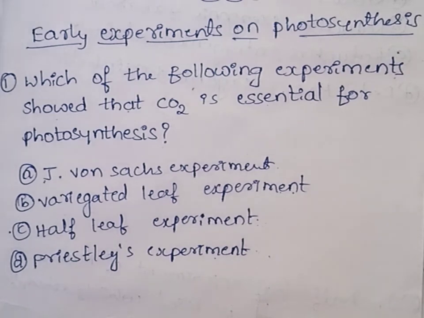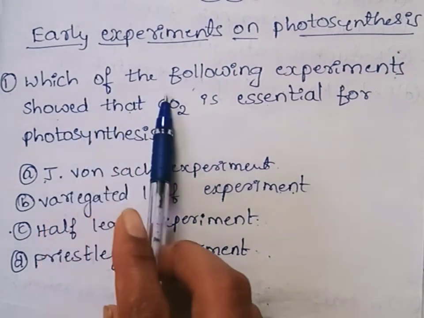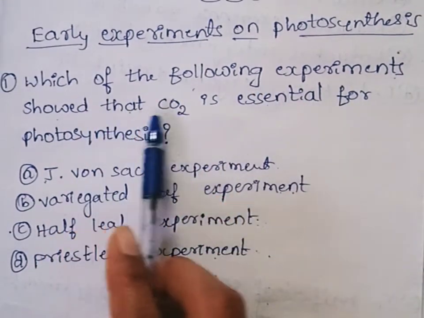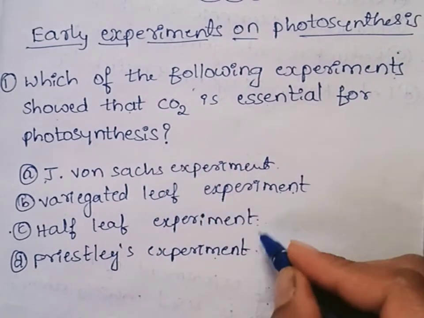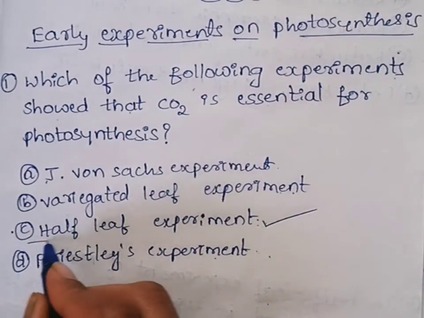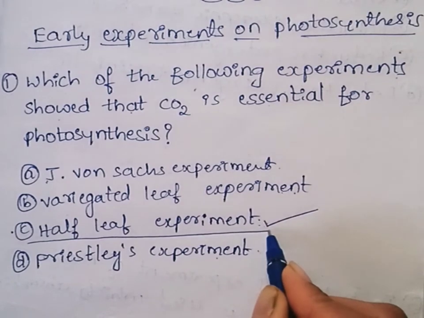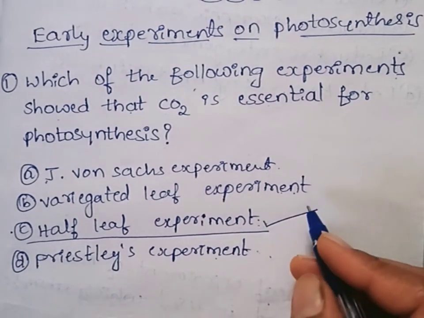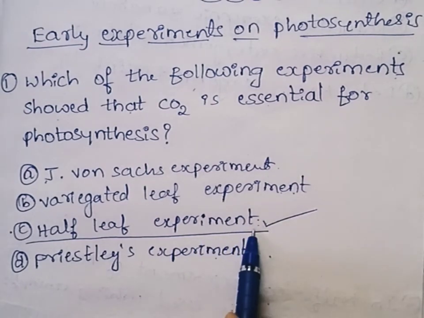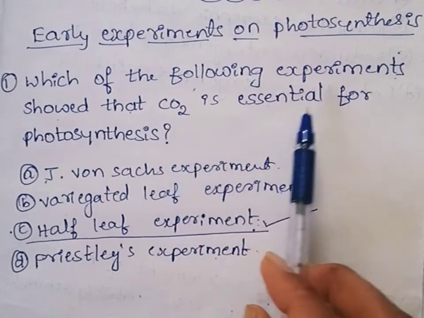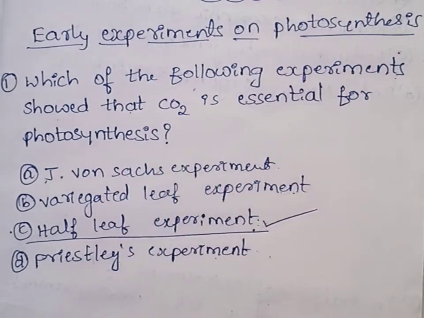So in the question, which of the following experiments showed that CO2 is essential for photosynthesis? The right answer is the half-leaf experiment, which was conducted by Moll. According to this experiment, CO2 is essential for the photosynthesis process. So that's why C is the right answer for this question.